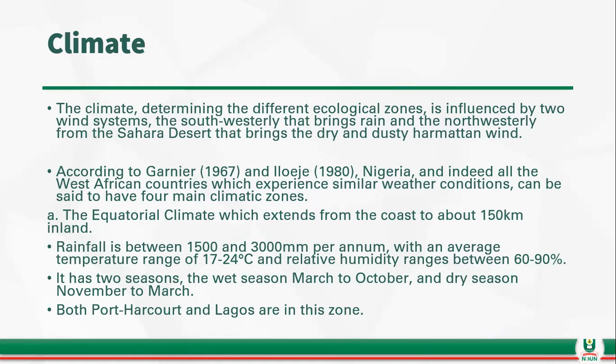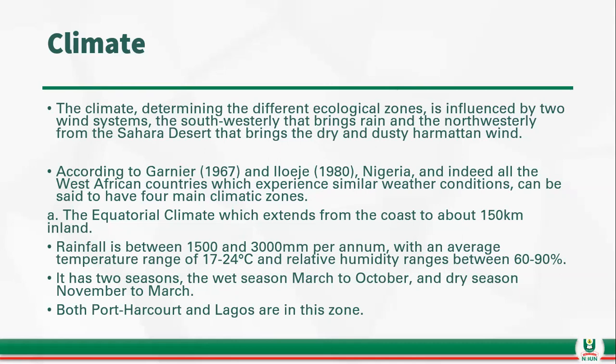Nigeria has four main climatic zones. One is the equatorial climate, which extends from the coast about 150 kilometers inland.